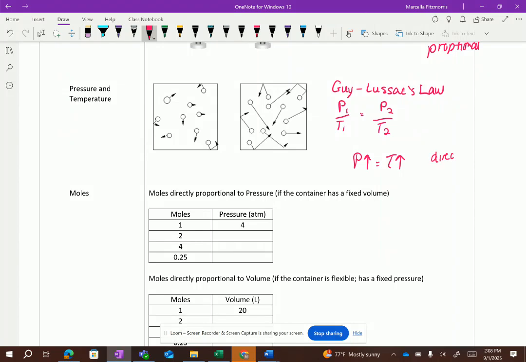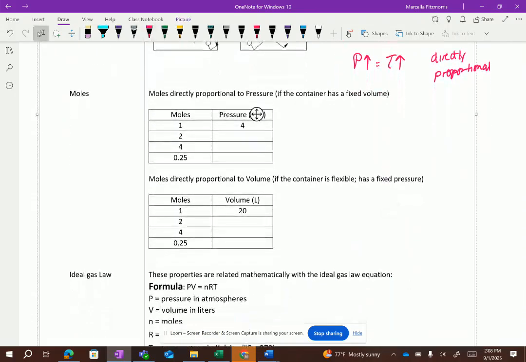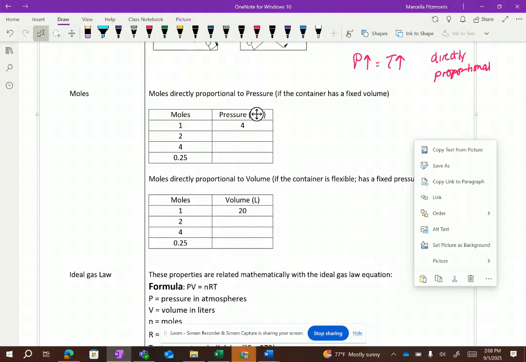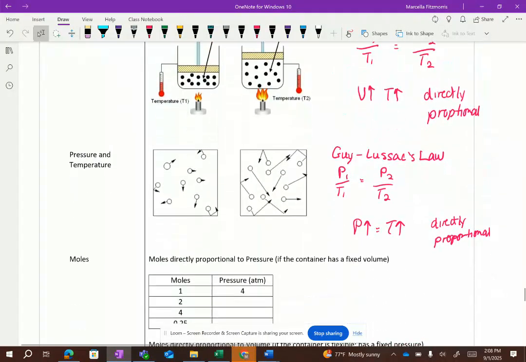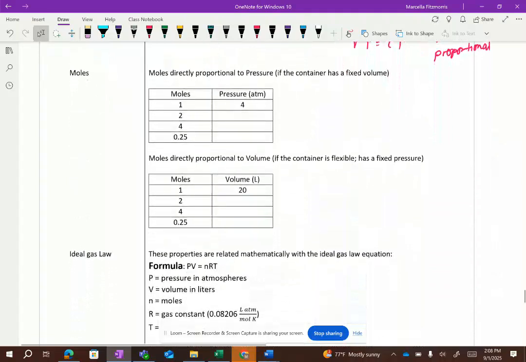So if we use these laws and we look at something like, oh, hold on, I forgot. There's still one more law I have to talk about real quick. Okay. It's a lesser known one, so I forgot to say it. And this one is N, which stands for moles. If moles goes up, volume goes up, and this is called Avogadro's law.